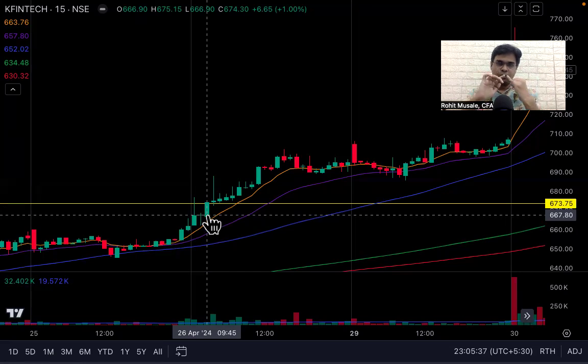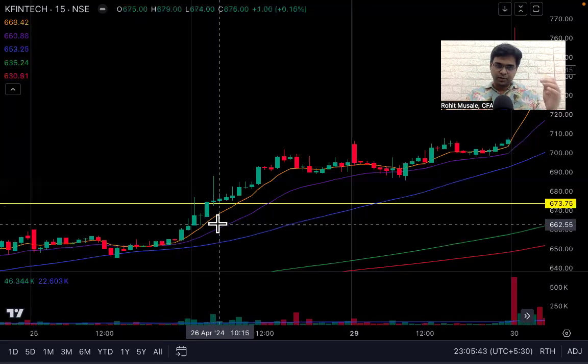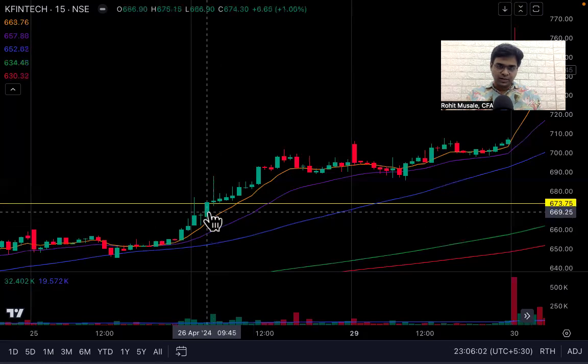Since it is closing above the yellow line, I took a decision to buy. And since 90% of the body or height of the candle is below the yellow line, I decided to take half position. Half position means 3.25%, because generally 6.25, 6.5% is my normal position. So I invested 3.25% of my portfolio in this stock at the close of this candle.